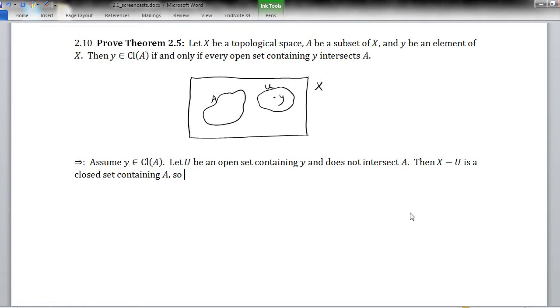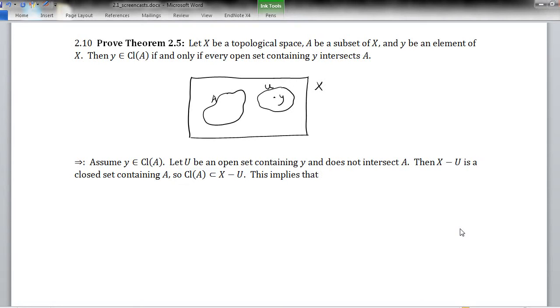And, well, what does that say about the closure of A? Right, the closure is the intersection of all closed sets containing A. So that must be a subset of this particular closed set containing A, right, of X minus U. Okay. Well, what does this say about Y?